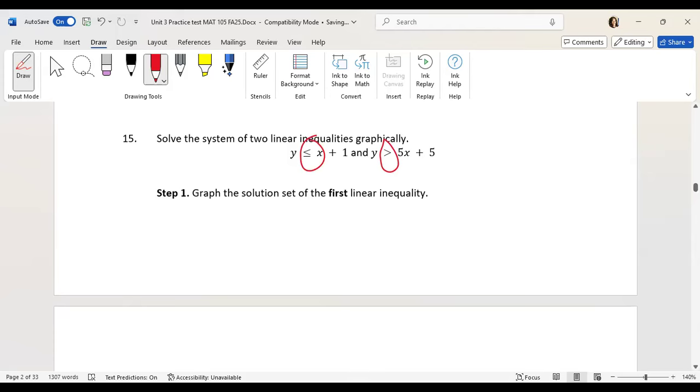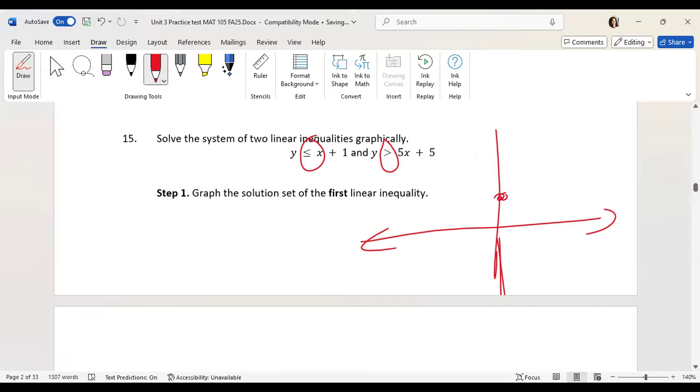I'm going to make a small sketch here. I'm going to grab the first equation, where the slope is 1 and the y-intercept is 1. So the y-intercept is 1 right here.